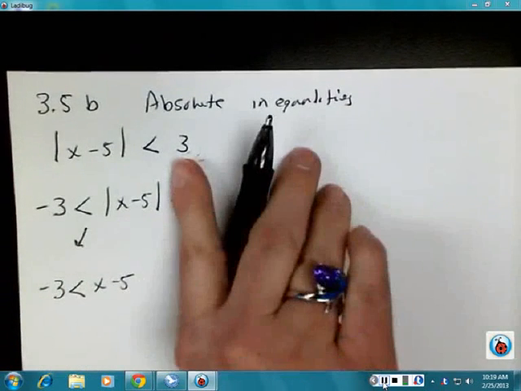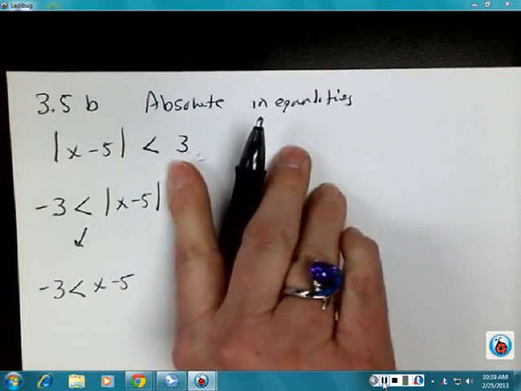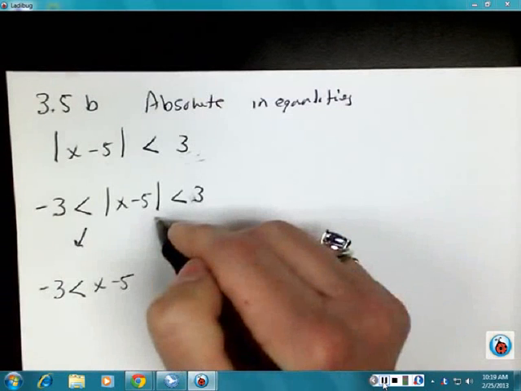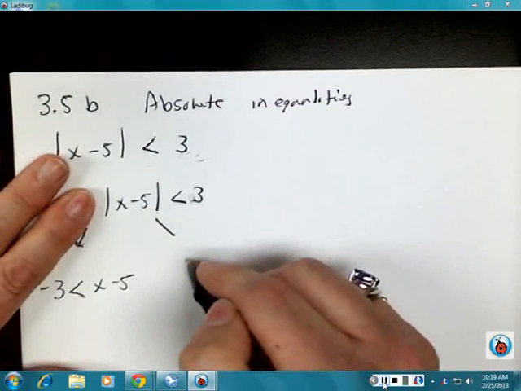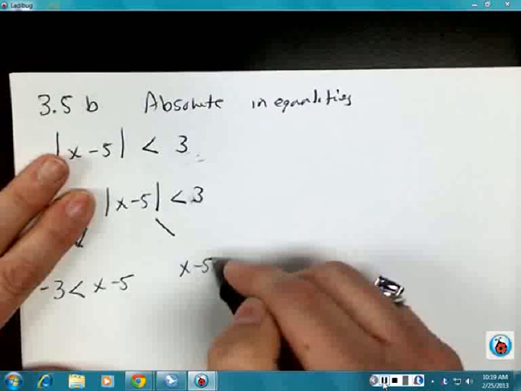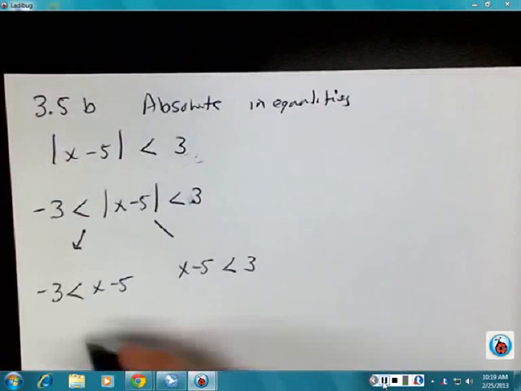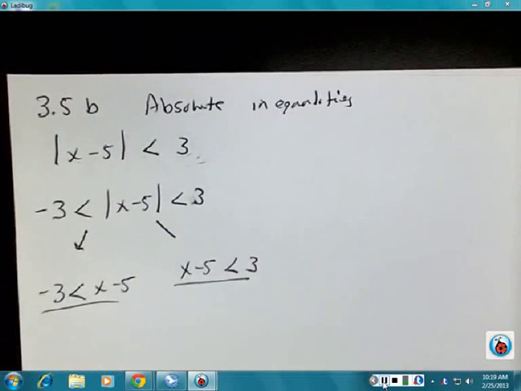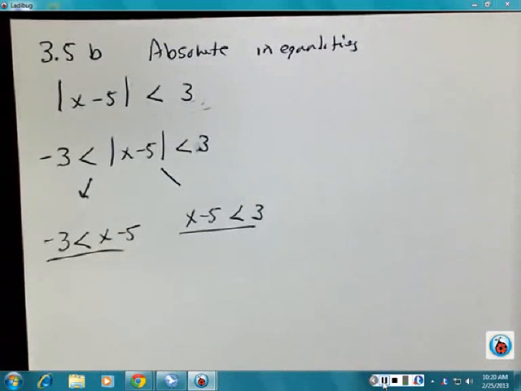I'm looking at that part. We okay with that part? The second equation is the last piece, which is x minus 5 is less than 3. These two are my two sections, or my two pieces, that I use to solve this with. So I've got two pieces coming out of here. You okay with that part? Okay, gotcha.